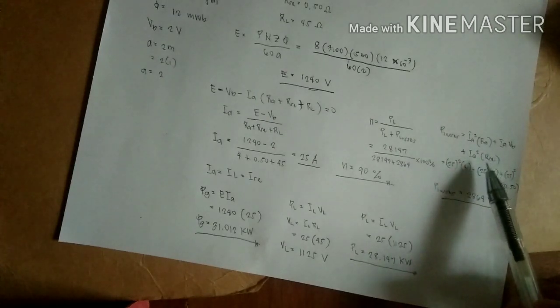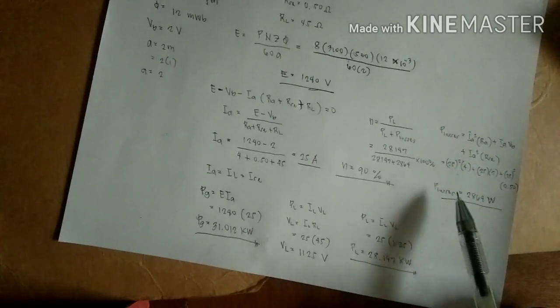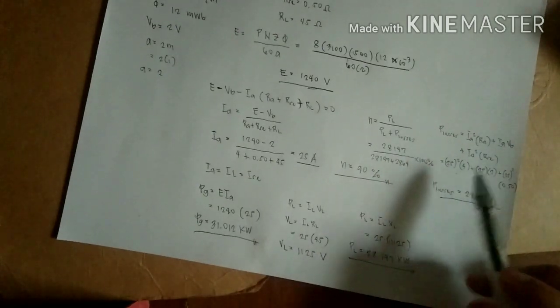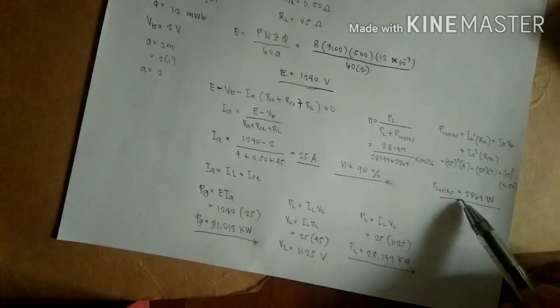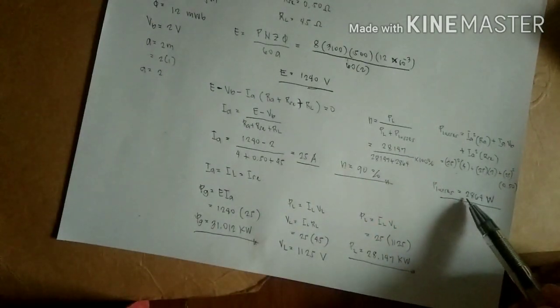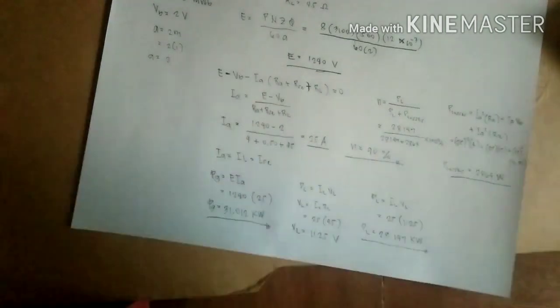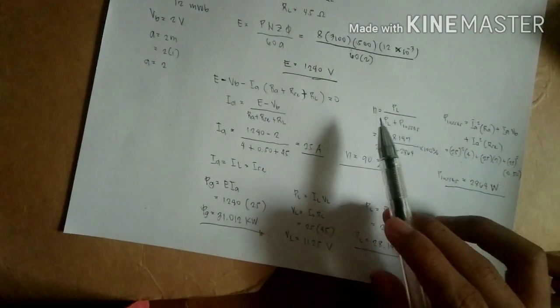Upon adding all the power losses, we get power losses of 2864 watts. Now we can solve the efficiency of the generator.